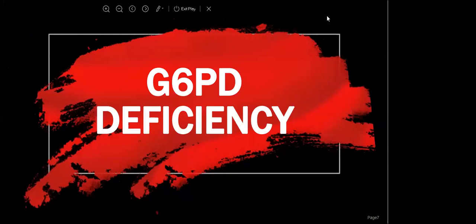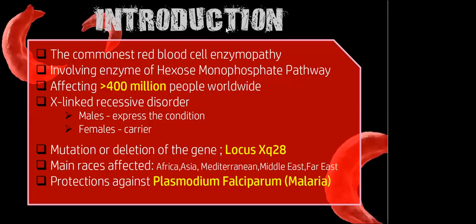Okay, so moving on to the G6PD deficiency. G6PD deficiency is the commonest red blood cell enzymopathy. So enzymopathy is the enzyme defect. It involves the enzyme in the hexose monophosphate pathway, the HMP shunt pathway. So we already know that it is the alternative pathway of the glycolysis.